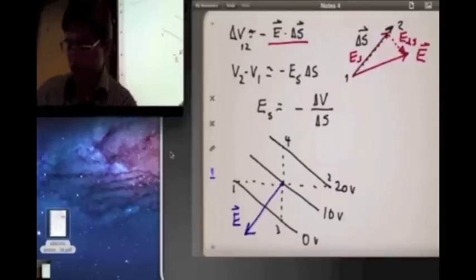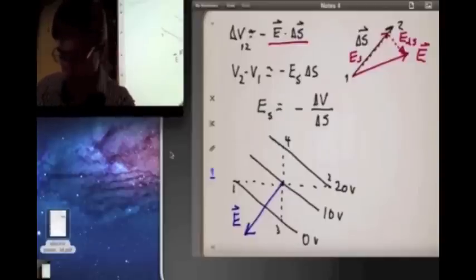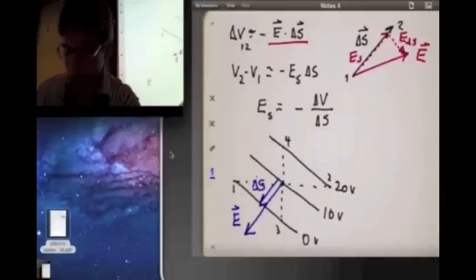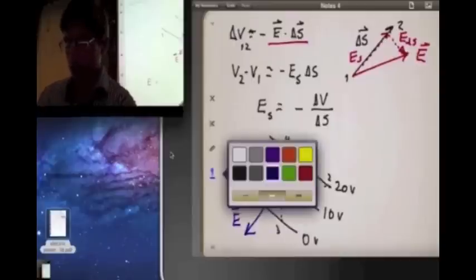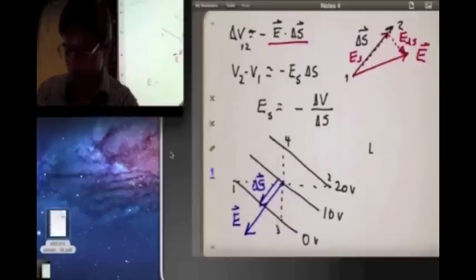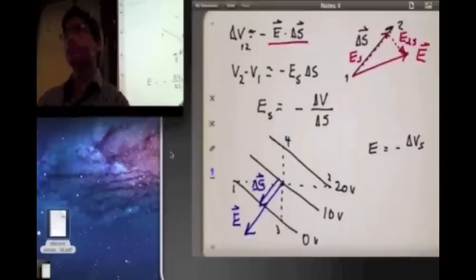The question is, what's the magnitude? I already know that's going to be my direction, delta S. I'm going to go from here to here, so that's going to be my delta S. So the electric field along that direction is going to be delta V, following that path defined by delta S, divided by delta S, the distance.